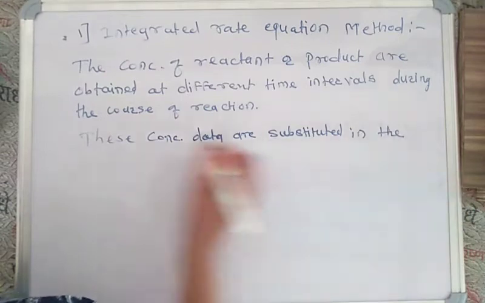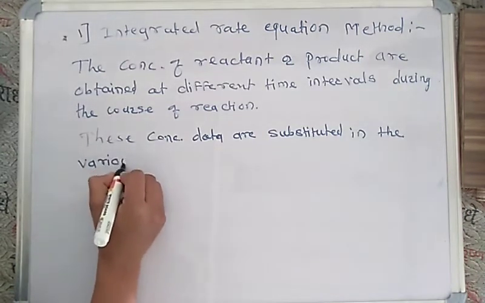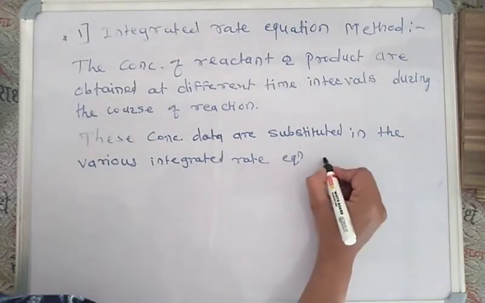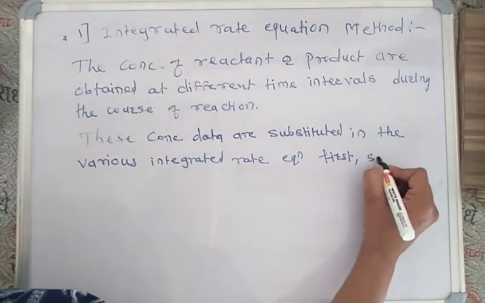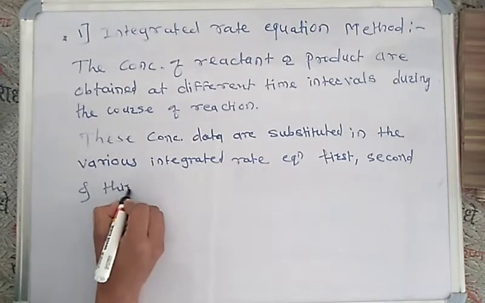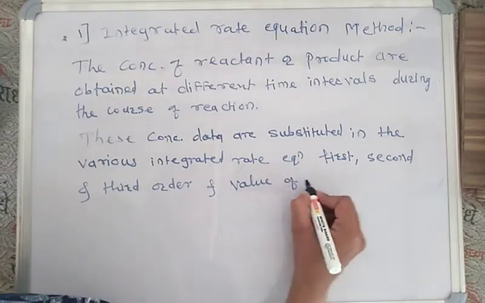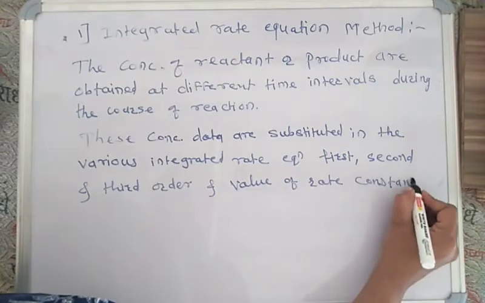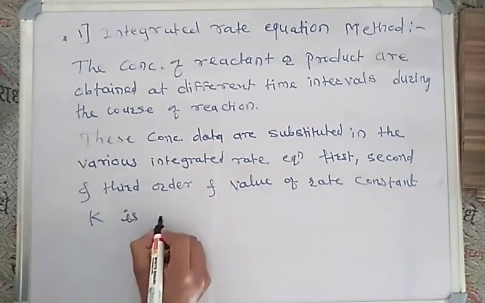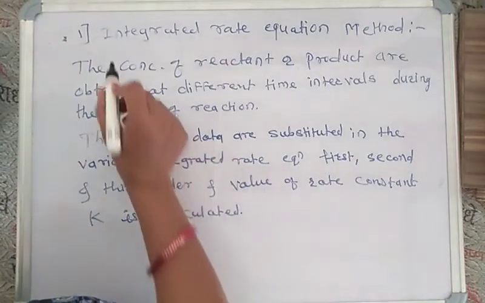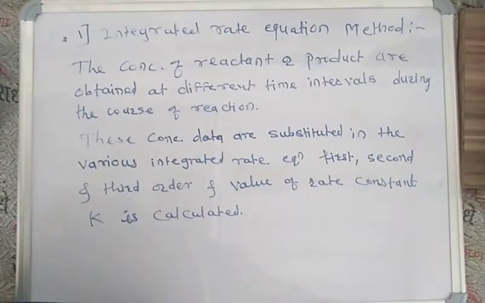The integrated rate equation which gives a nearly constant value of rate constant K for various time intervals determines the correct overall order of the chemical reaction. This is the integrated rate equation method.